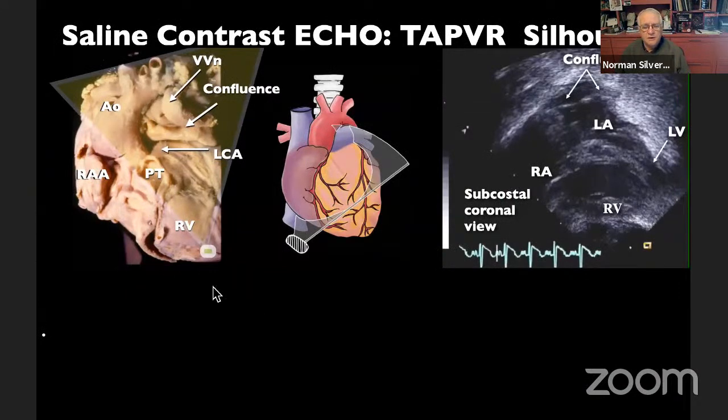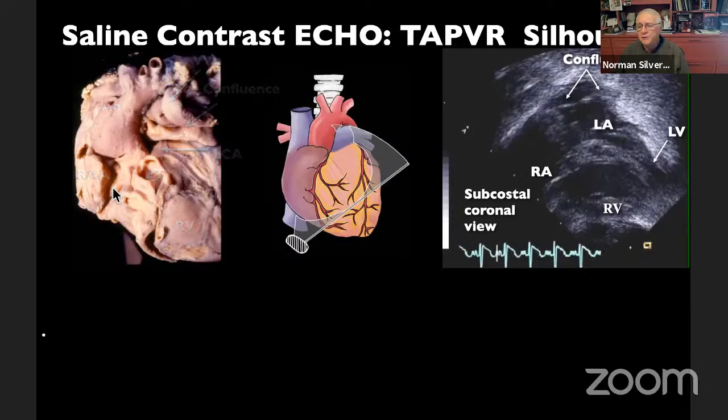Now here is another example, this one obtained from a subcostal coronal image. Here is the subcostal coronal image, and you see here is the confluence of the veins draining into this vertical vein, which is draining in this instance behind the innominate vein and then into the superior cava and into the right atrium here, reflected by the right atrial appendage.